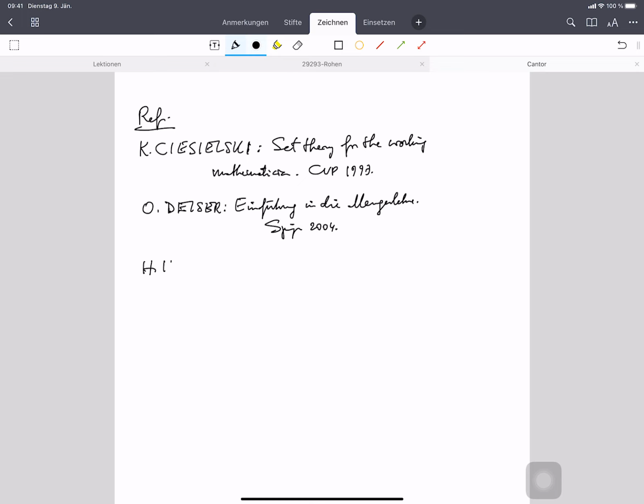For the axiom of choice, there are Springer lecture notes by Horst Herrlich, Axiom of Choice, Springer lecture notes in mathematics, appeared 2006. And at a very high level, Thomas Jech, Set Theory, Springer 2006.